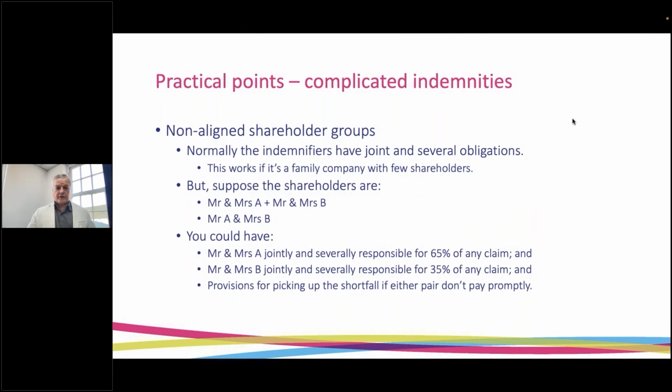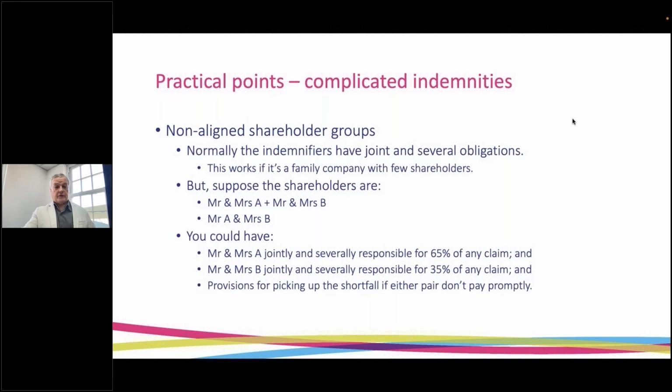Second one to talk about is non-aligned shareholder groups. You would normally have your basic indemnity say that all of the shareholders are jointly and severally liable for any calls that are being made. That will work if it's a family company with a relatively small number of shareholders.